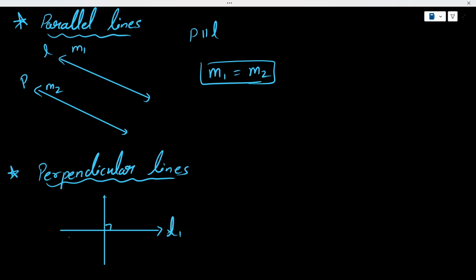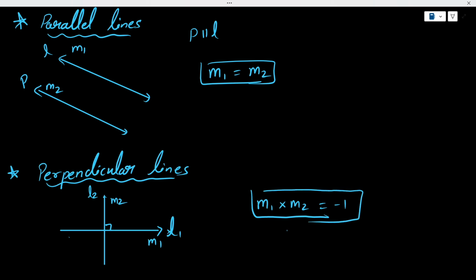If this is line L1 and this is line L2, with gradients M1 and M2, then you should know the relationship between their gradients. M1 times M2 is always -1. This rule you have to remember, or we say that they are negative reciprocals of each other, right?